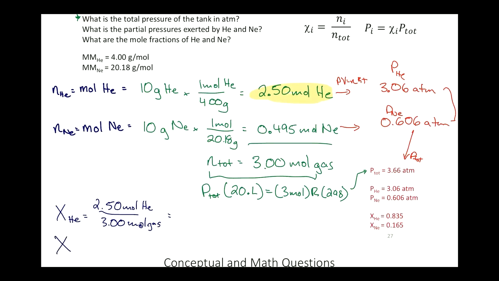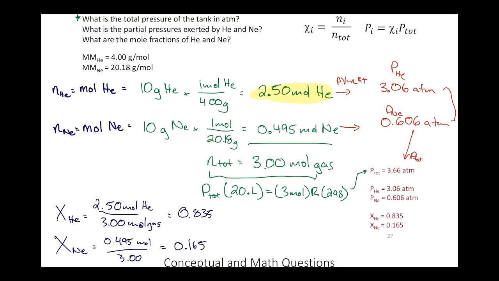And then we can also calculate the mole fraction of neon. It's just going to be whatever's left over, but in this case it's 0.495 over 3, which will give us another number. So let's see, those numbers are 0.835. So 83 or 84% of this sample is helium, and then the rest, like 16%, is neon, right?